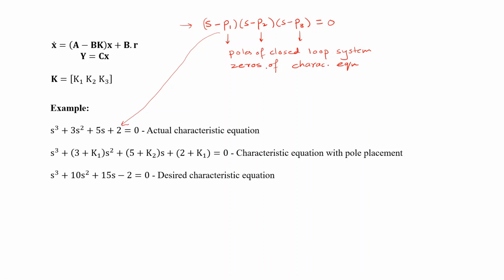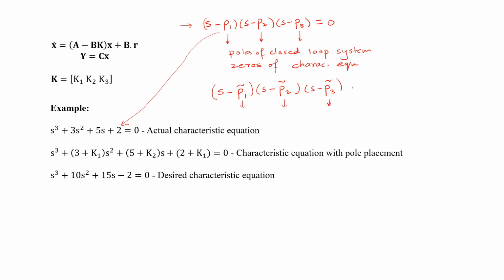Now if we want to shift these poles to some other value, let us say we want our poles to be shifted to these values, p1 delta, s minus p2 and s minus p3, where these are new poles of the system.